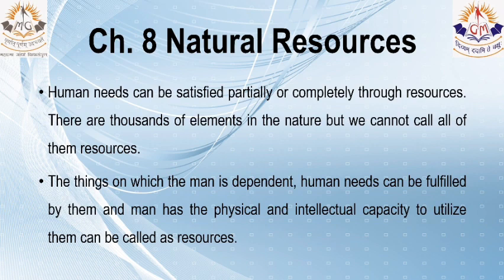For example, from the soil we extracted iron ore, and from iron ore we extracted iron and then utilized it to make a ship. Now we are using our intelligence to find out where iron ore is available, how can that be extracted from the ground, and through which procedure can we extract iron from that iron ore.